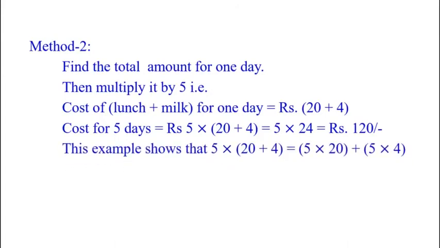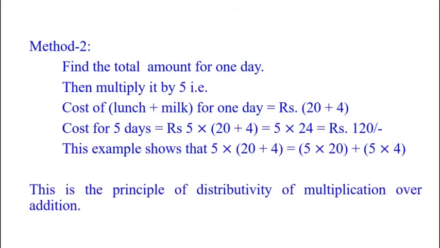This example shows that 5 into (20 plus 4) is equal to 5 into 20 plus 5 into 4, which is our distributive property of multiplication over addition. This is the principle of distributivity of multiplication over addition.